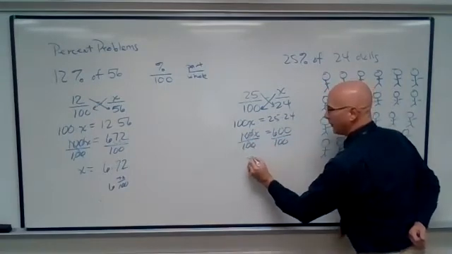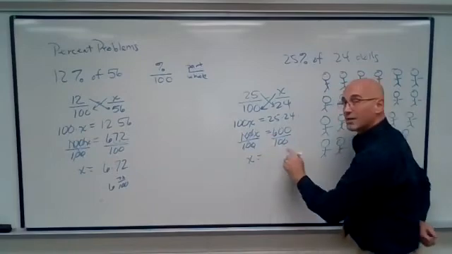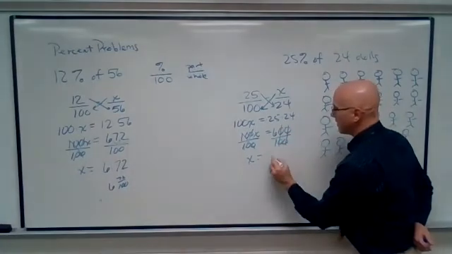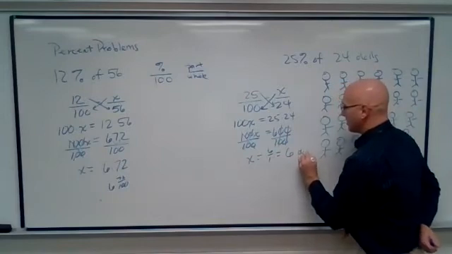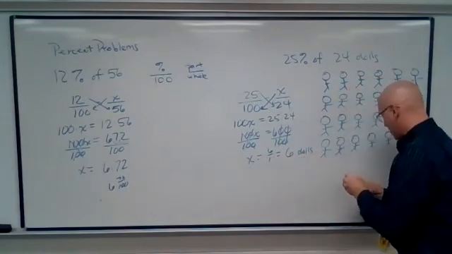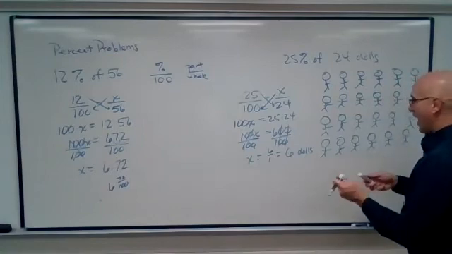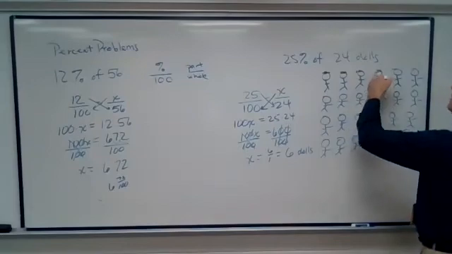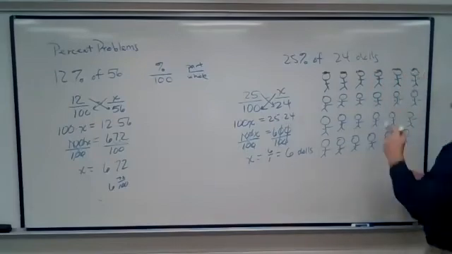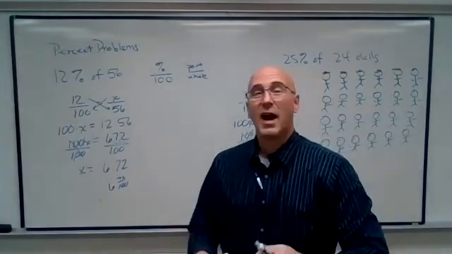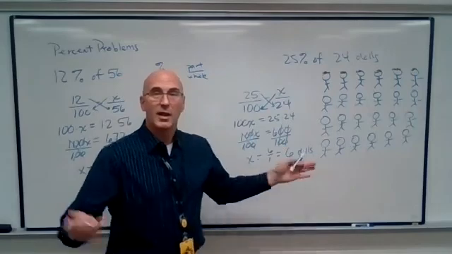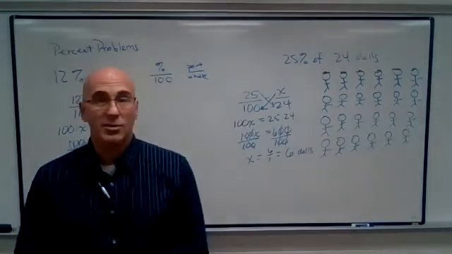That drops off. 600 divided by 100. I can start dividing things by tens. I get 6 over 1, which is 6. So 6 of my dolls in that collection have dark hair. There's 1, 2, 3, 4, 5, 6. 25% of 24 is 6. And that is how you set up basic percentage problems.